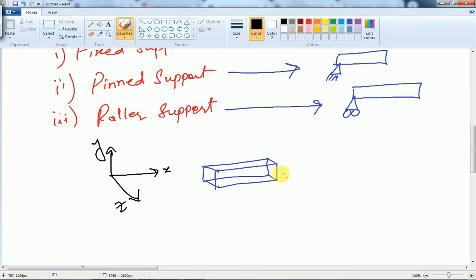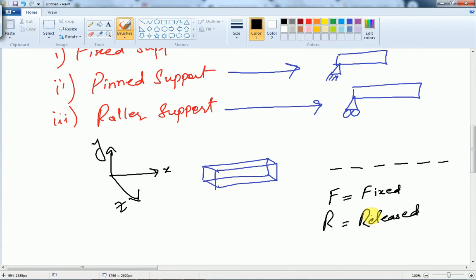Now we can say for the fixity code we write 6 digits, 1 2 3 4 5 6, and for writing the complete code we use two letters, F and R. F for fixed and R for released.